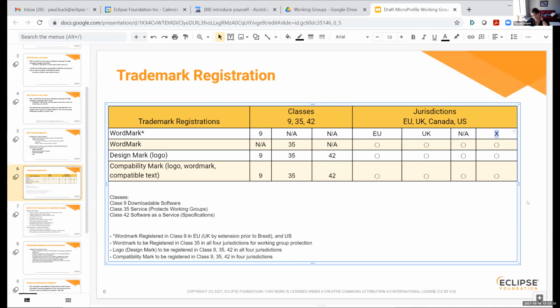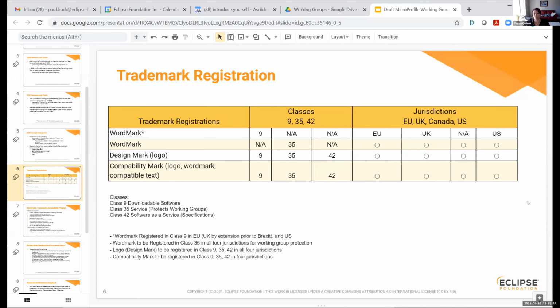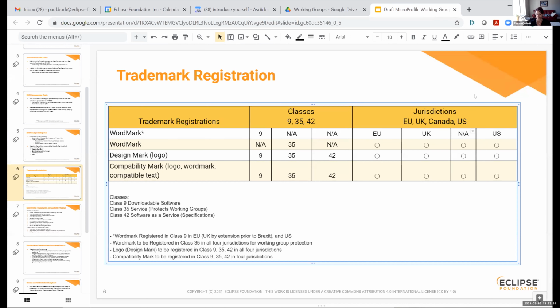I was modeling my chart accordingly. So that's the US. So I wanted to point out here in that line that we actually didn't register the word mark of MicroProfile in Canada at the time, because that wasn't our standard process back then. Now we've standardized on these 3 classes across 4 jurisdictions. Okay, and that was Kevin, not John. Oh, sorry. Thanks, Kevin, for the question.